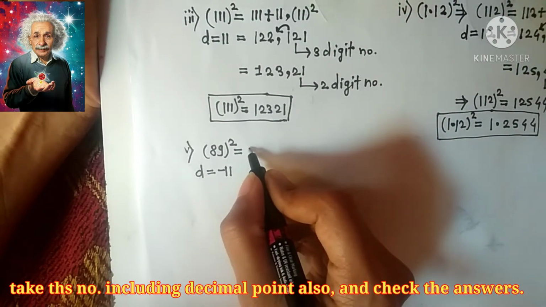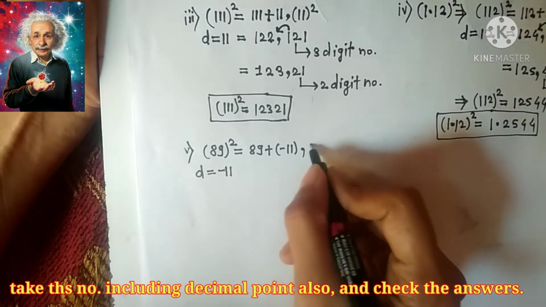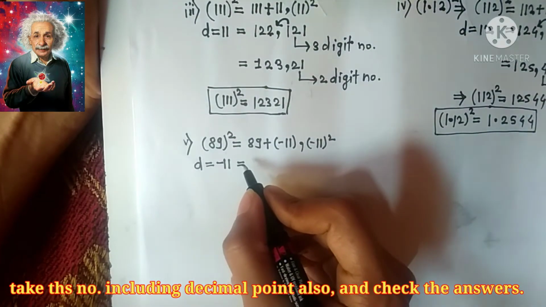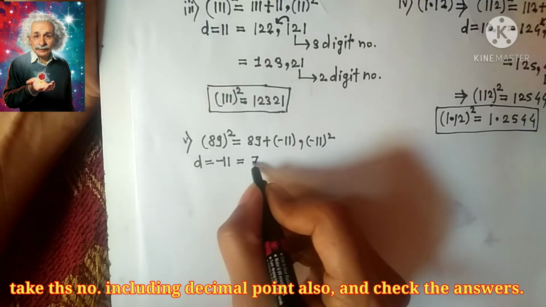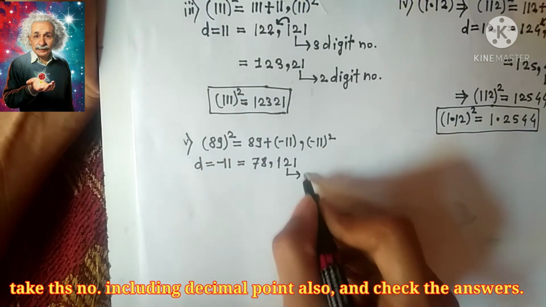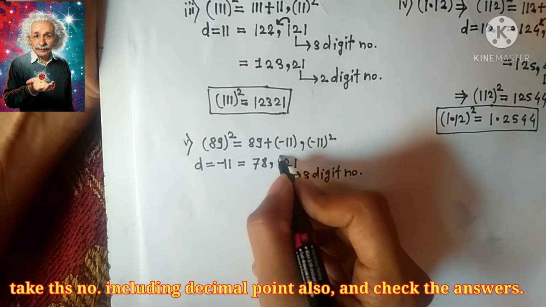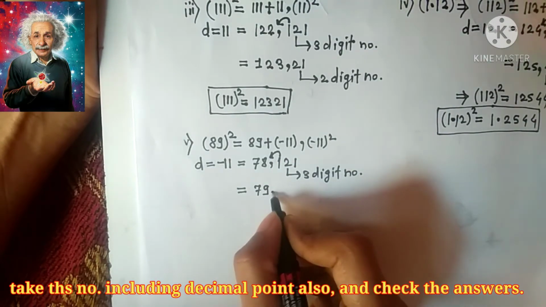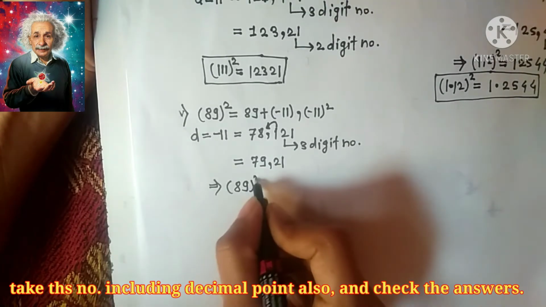So here we write 89 plus minus 11 comma minus 11 whole square. We get 89 minus 11, answer is 78, comma 11 square is 121. But this is a 3-digit number. So to make it 2-digit, we add this 1 here. So finally we get 79, 21.